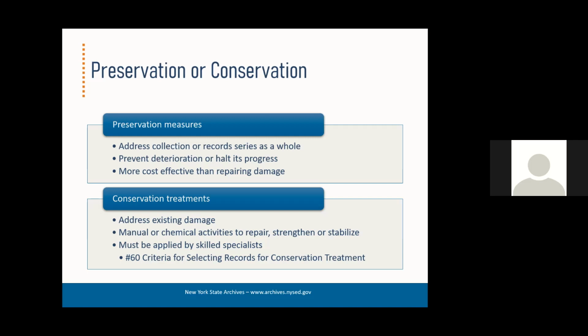Now, conservation treatment, that's something different. That addresses existing damage, something specific. And it usually is some kind of process, some kind of activity that's used to repair, strengthen, and stabilize the paper records themselves. And that has to be done by a skilled specialist.